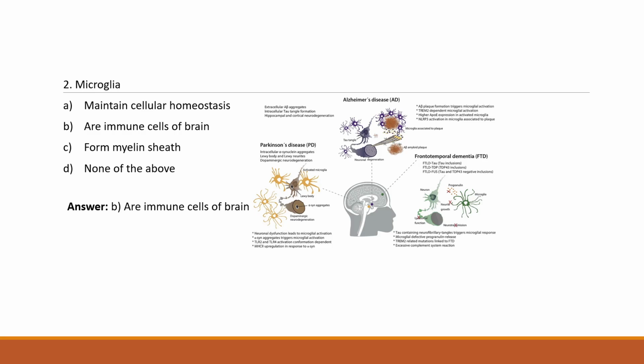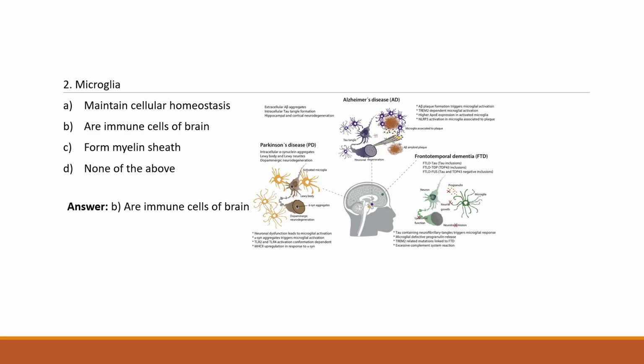So your tau containing tangles are also triggered by your mitochondrial response. So microglial defect will also lead to release of your secretory proteins like your progranulin, etc. And then mutations in those related genes, like your TREM2, will also lead to these kind of dementia like diseases.